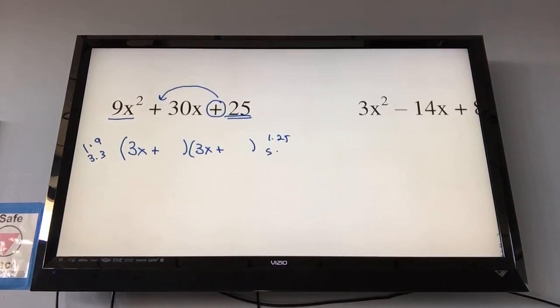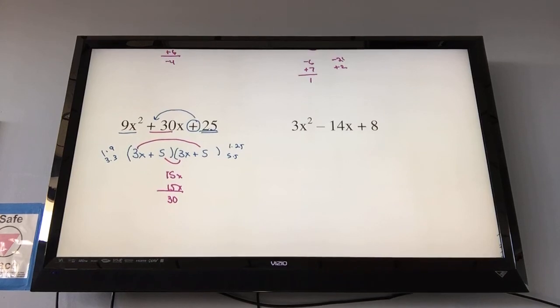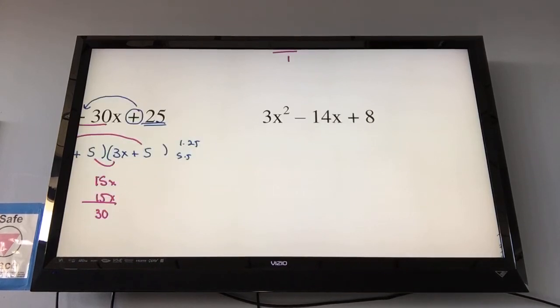I like 5 and 5. And then I check. Outer times outer, 15x. Inner times inner, 15x. Add those together, and voila, I've got it. Positive 30. And last one.